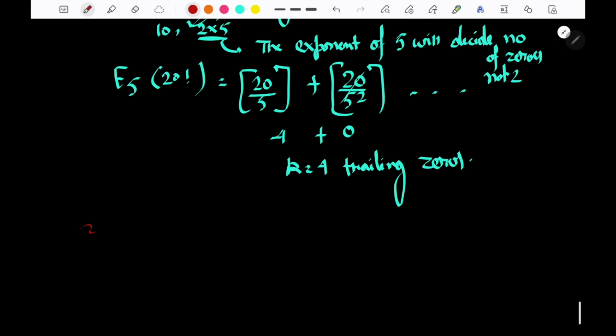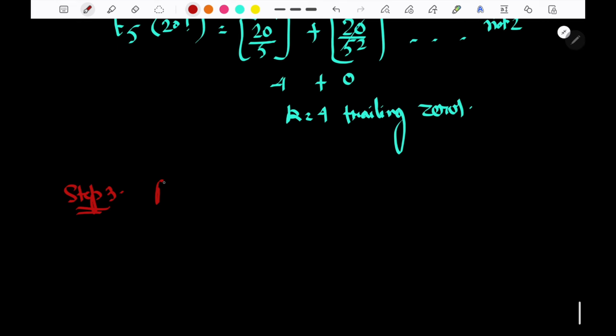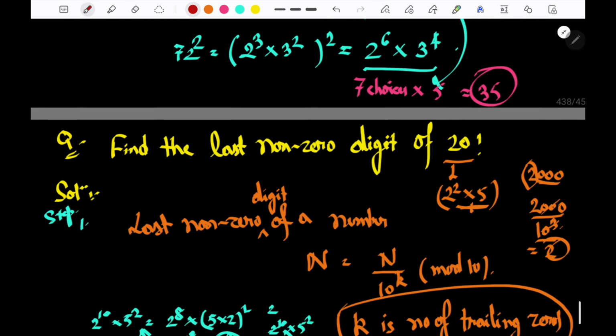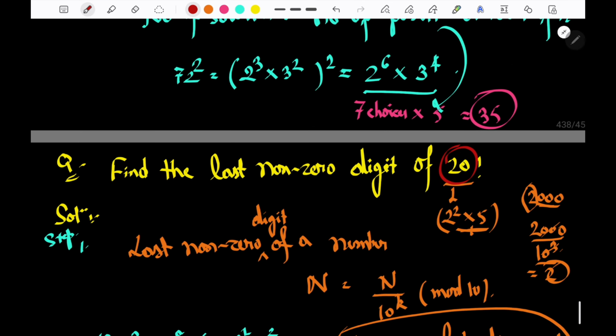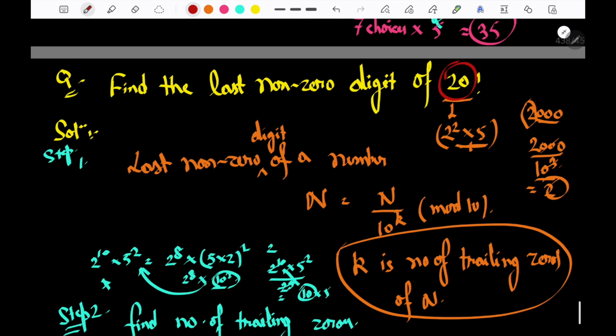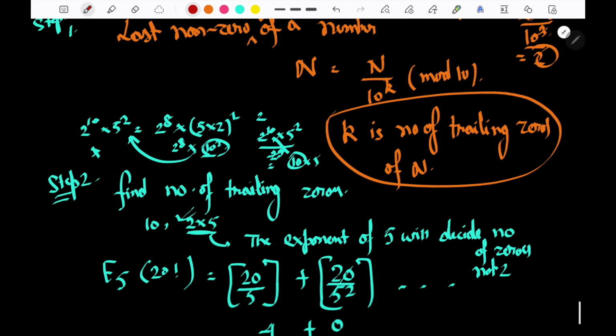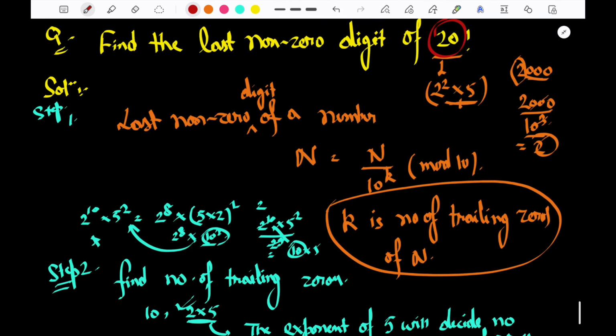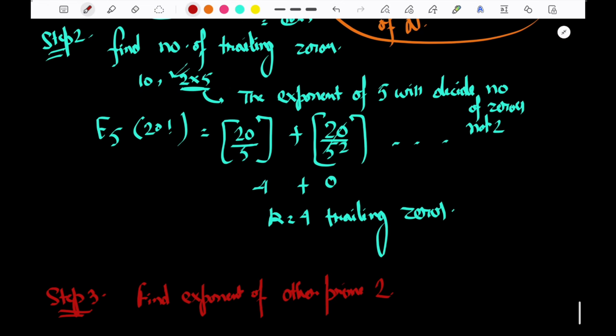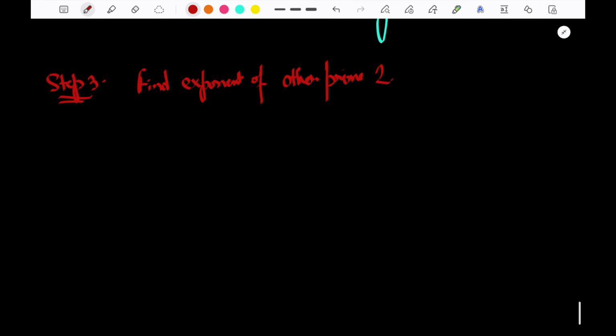Now what is step 3? Step 3, we also find the exponent of the other prime, 2. Why? Because there is only one left. What is 20 factorial? 20 factorial is written as a power of 2 and a power of 5. So we are finding the power of 2 and the power of 5.